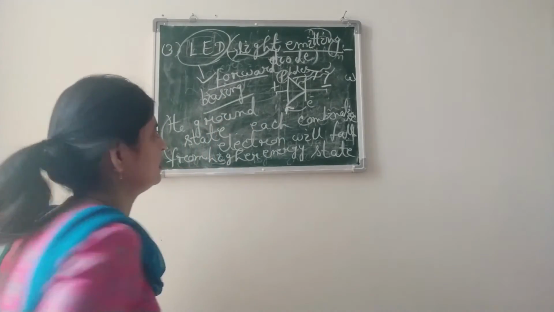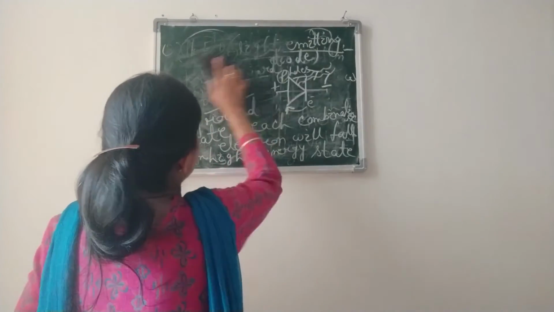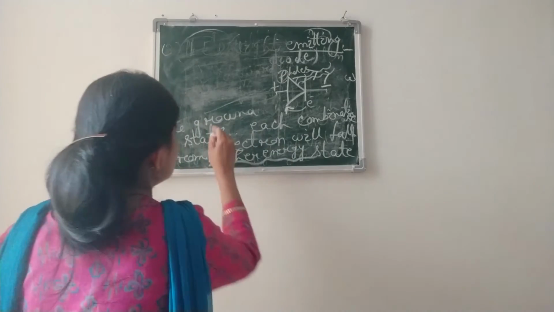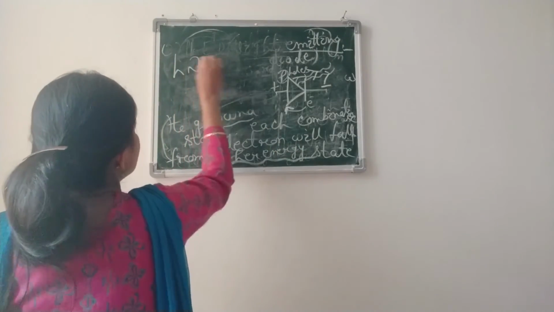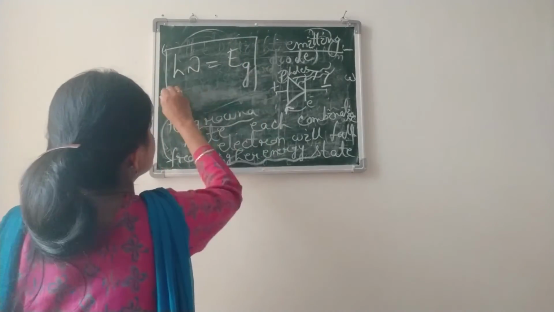That means when it jumps from the higher energy state to the ground state, at that time h nu is equal to Eg.